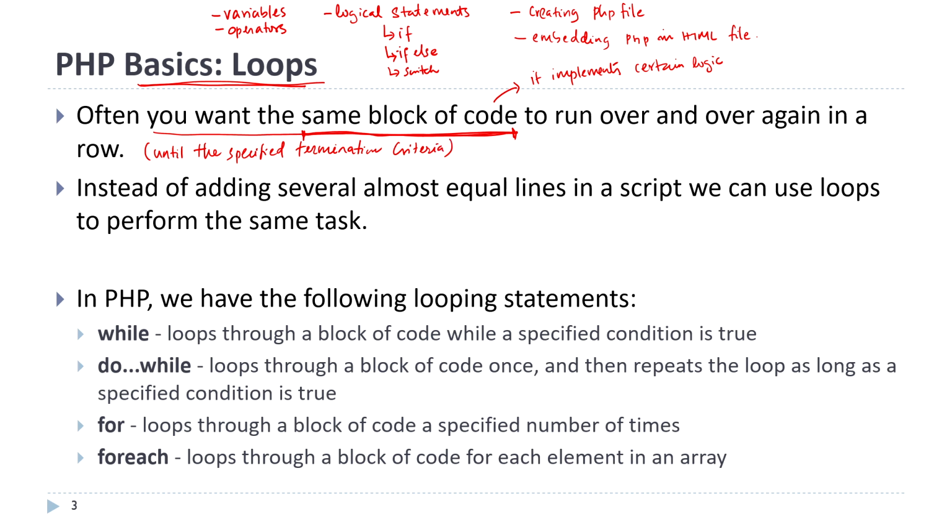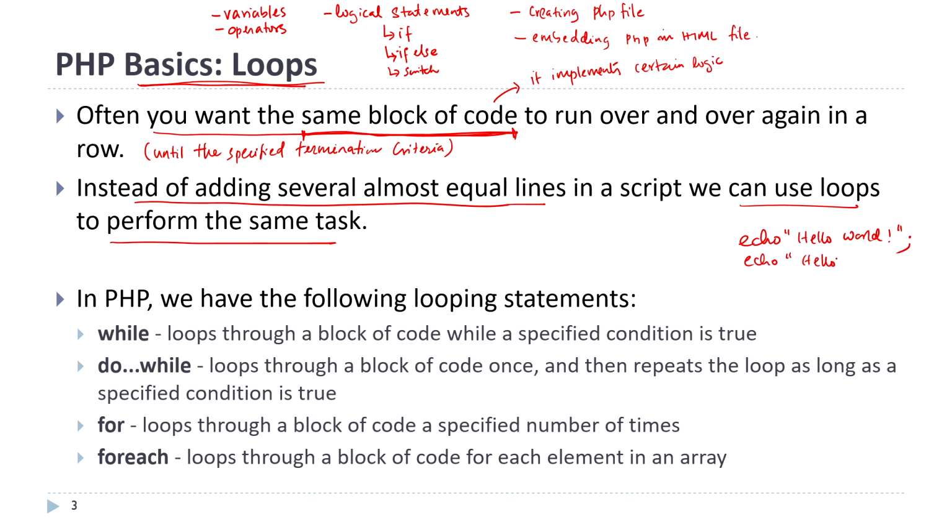So, how do we do that? We do not want to keep on typing several lines, so we use loops to perform the same task. Let us say I want to echo hello world, and I have to do this 10 times. One option is to write echo like this 10 times.